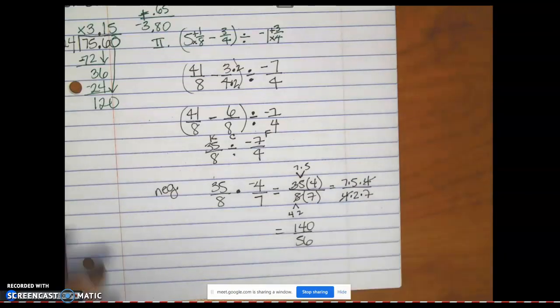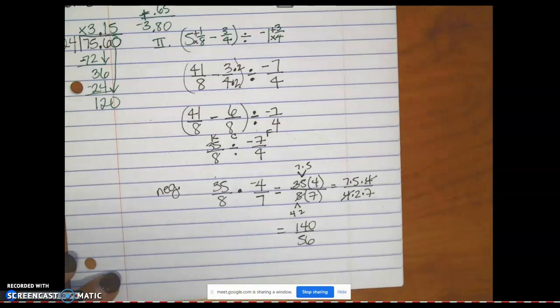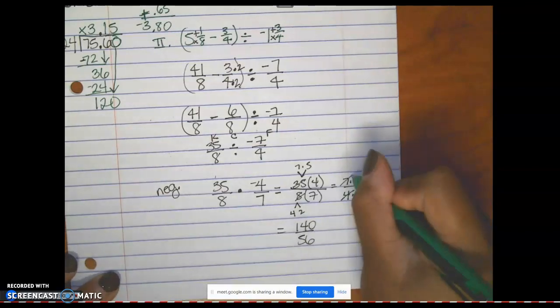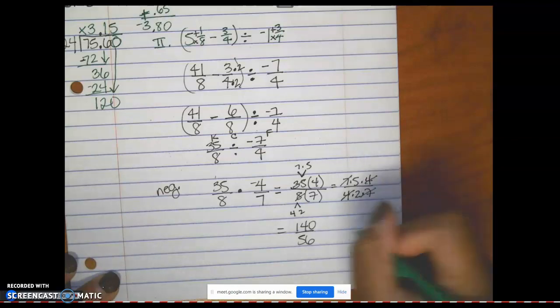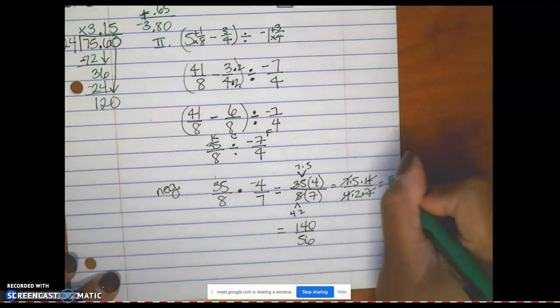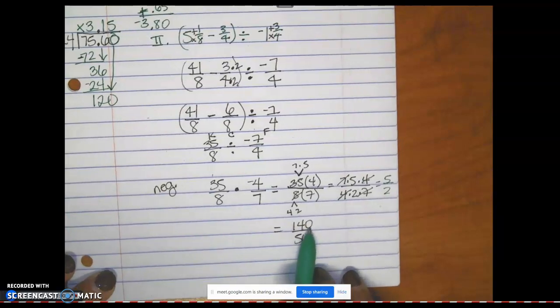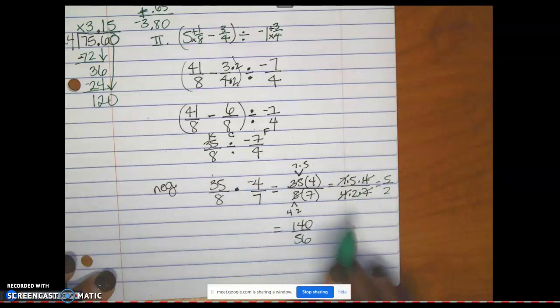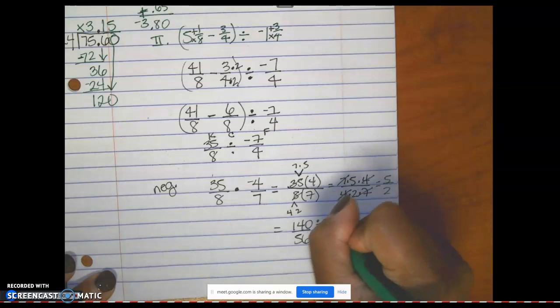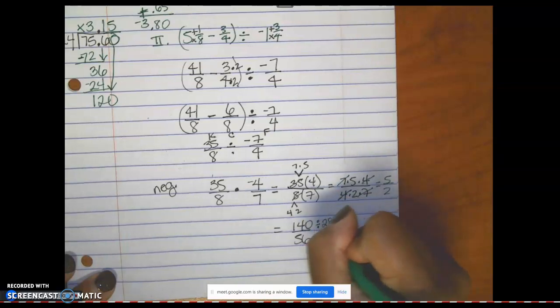By 4. What else? 7 by 7. I am now left with 5 halves. I would have done the same thing down here, except y'all would have said, oh, divide by 4. Oh, and then divide by 7. Or vice versa. Oh, divide by 7. Oh, and then divide by 4. I'm technically dividing by 28 on the top and the bottom.